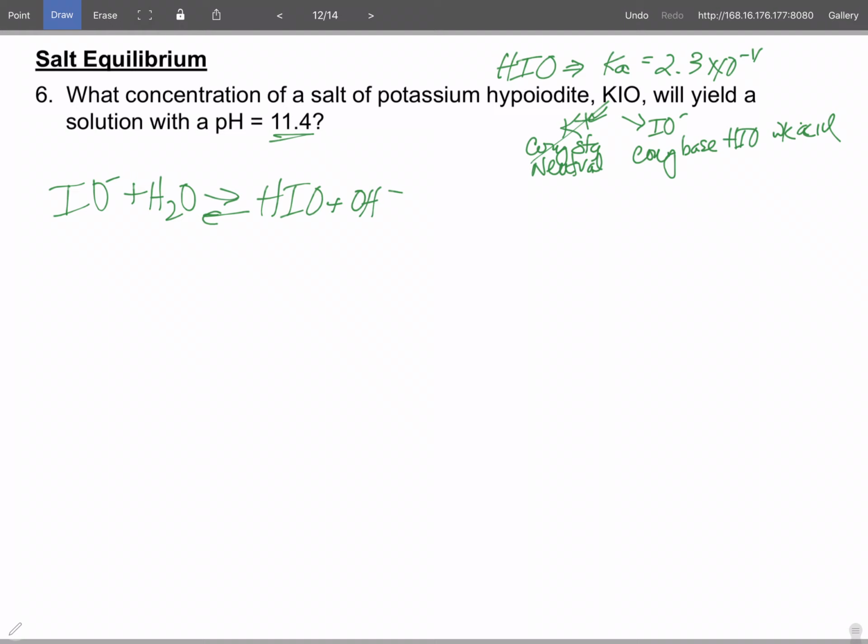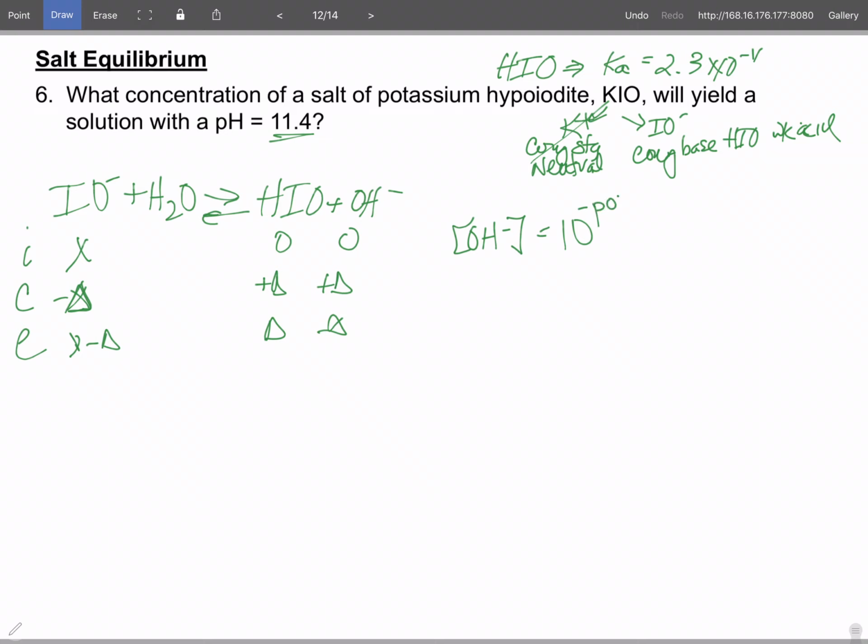So what we're looking at is we get an RICE table. So we're looking for the concentration here at 0, 0. Minus delta. I don't want to use the same. Plus delta. Plus delta. You can use X, A, B, C, whatever floats your boat. Again, the hydroxide ion concentration, remember, is equal to 10 to the negative pOH. We're given the pH. So the pOH plus the pH is equal to 14.